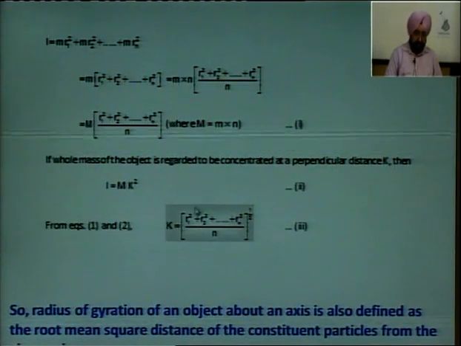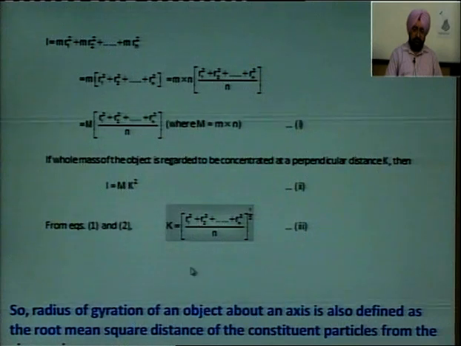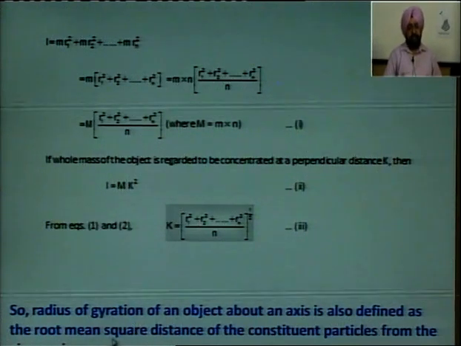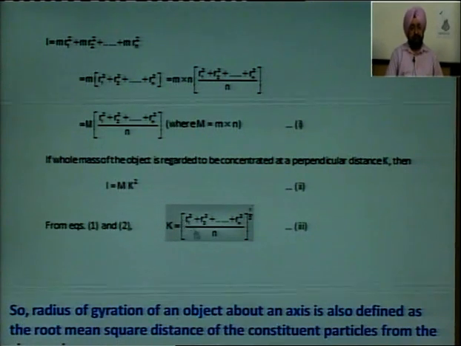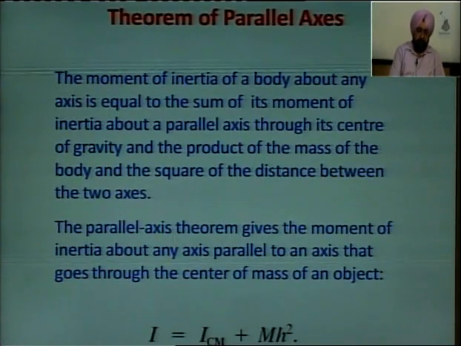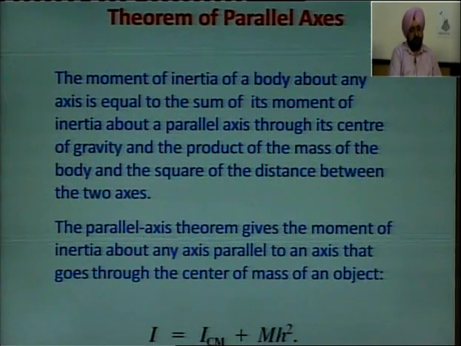This is the mean of the square of the distances, and then you have taken the square root. So, you can also define radius of gyration as the root mean square distance of the constituent particles from the given axis. Now, let us study the two theorems, one called the parallel axis theorem and the other called the theorem of perpendicular axis.